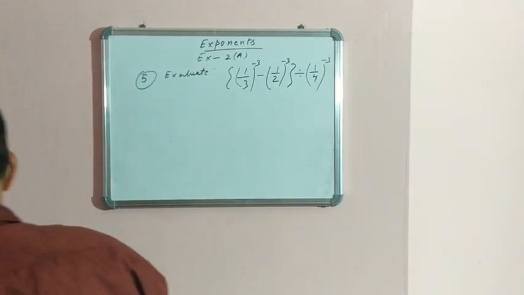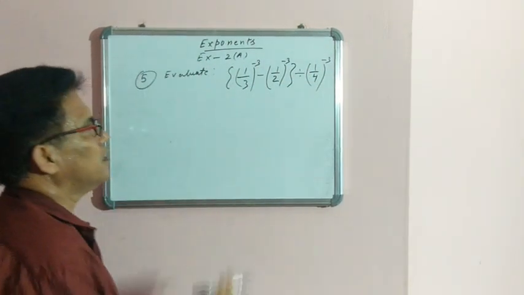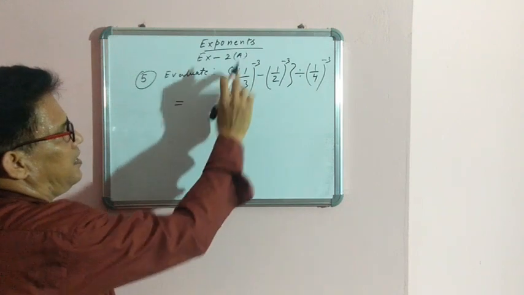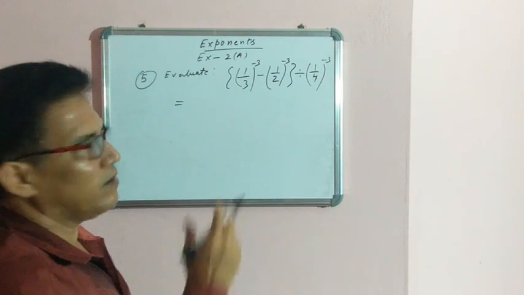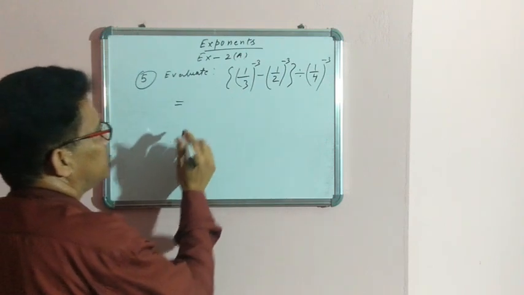So here negative exponents are there. First we will write a by b power minus n, which becomes b by a power n. That law I will use here.